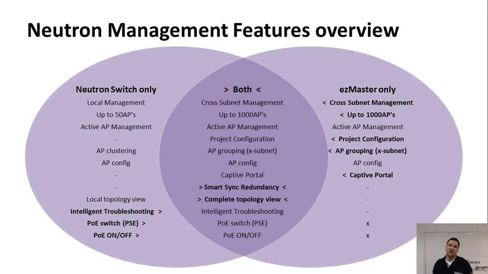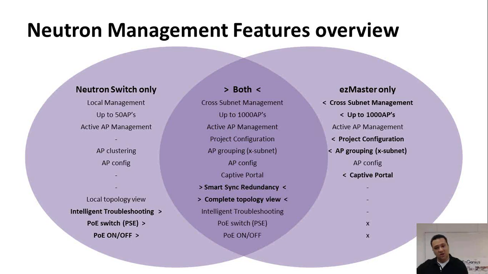And if you are using EasyMaster, the software version which you have to install on a system, you can manage up to 1,000 access points. This is the first main feature that's different between using EasyMaster or the Neutron Switch.